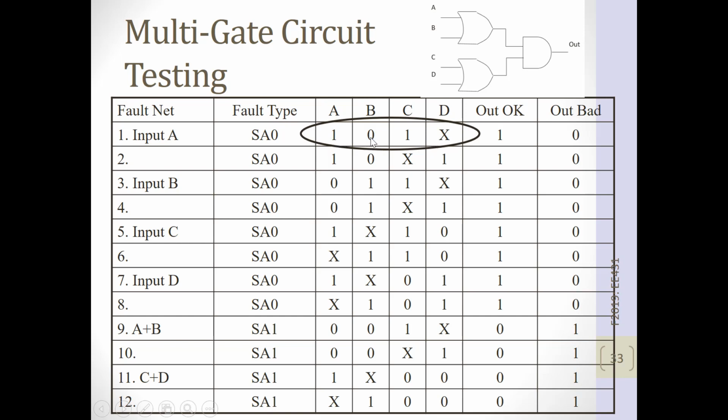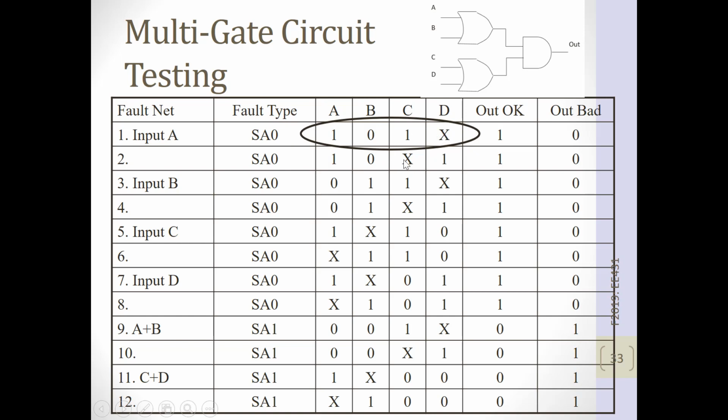So this has 1011 don't care. You can see that this second test right here, 10 don't care 1, you could use the test vector 1011 and it would satisfy both of these. The thing is that you don't really care about that. If you're doing this test, you're testing for the same fault, so you only really need to do one test.